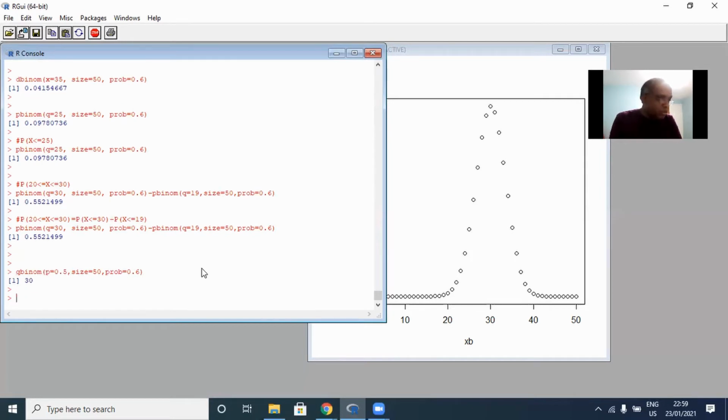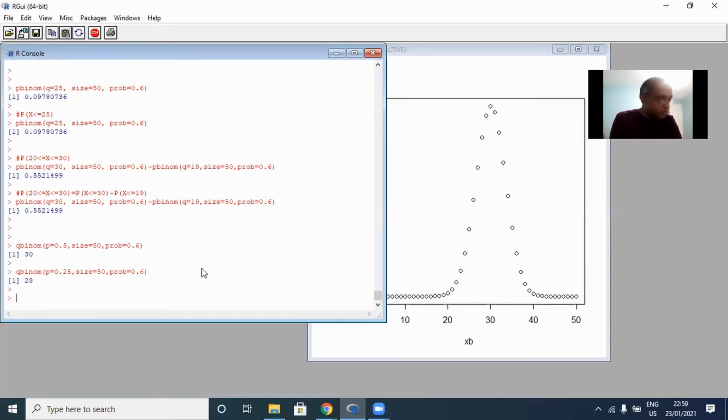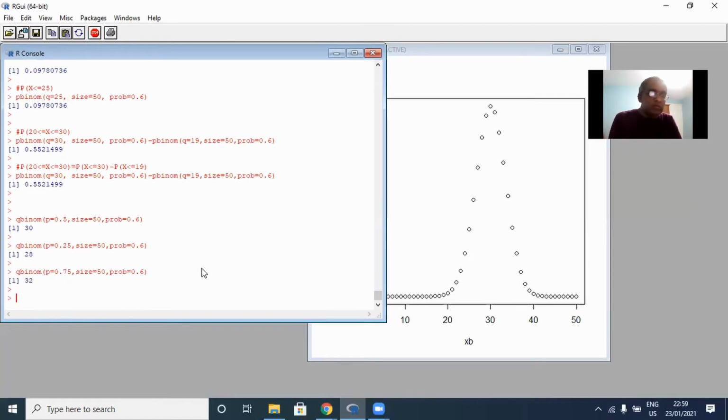And the first quartile corresponds to the probability of 1/4, so it's this one. That's how you compute the quantile. The third quartile corresponds to the probability of 0.75, so it's 32, and so on.